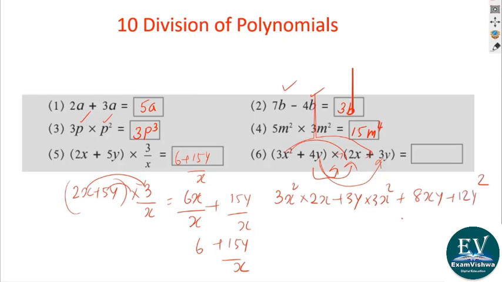If there are like terms, you can simply add; otherwise you simply leave it like that. Here it will be 6x cube plus 9x square y plus 8xy plus 12y square.